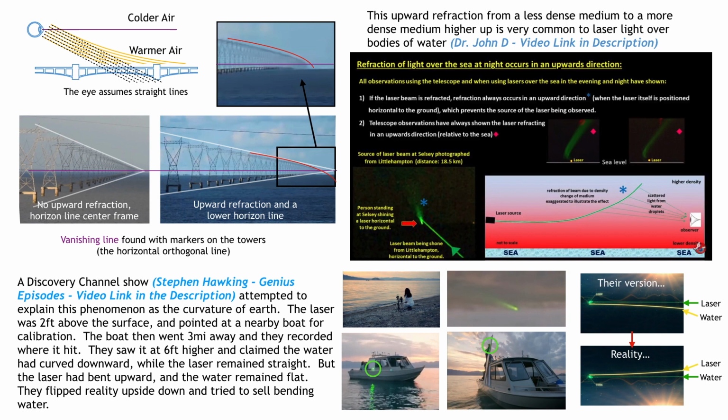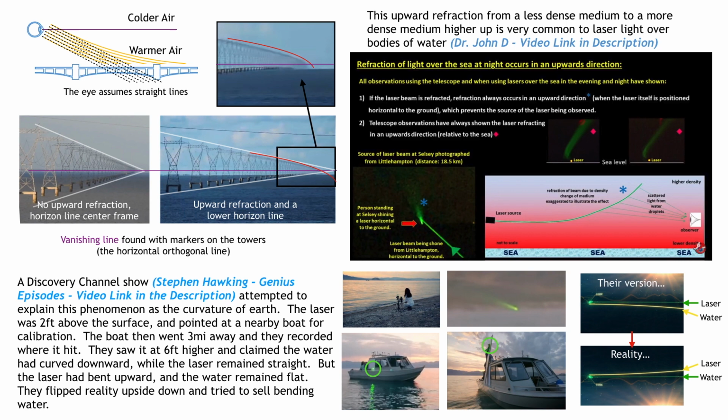So what's interesting is there's a Discovery Channel show called the Stephen Hawking Genius Episodes, and a video link will be in the description, where they attempted to explain this phenomenon of this upward refraction as the curvature of Earth. So the laser was 2 feet above the surface, and it was pointed at a nearby boat for calibration.